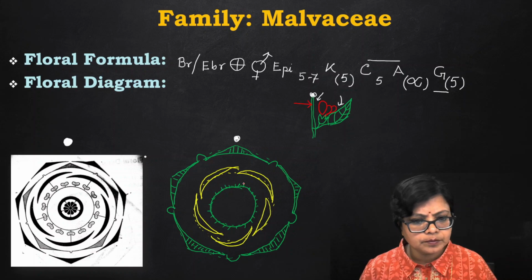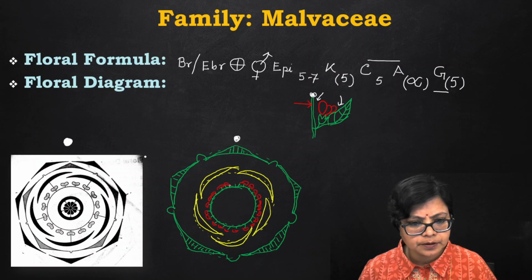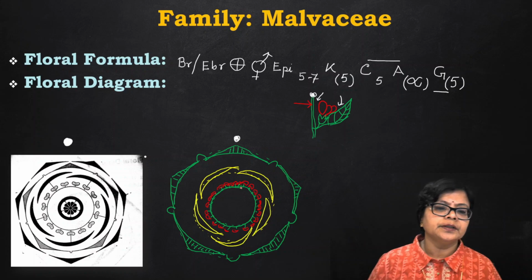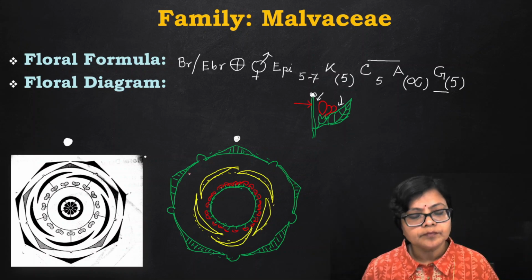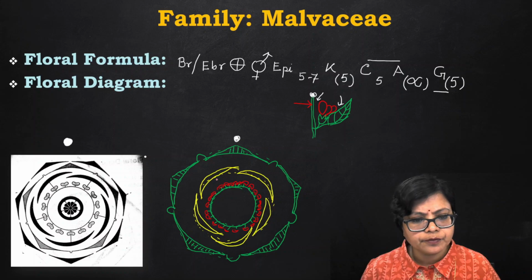Now I am drawing the androecium. Androecium are present surrounding the staminal tube. So this is the unique feature for the members of the Malvaceae. So if we observe this structure, without any hesitation we can identify that it is the floral diagram for the Malvaceae family.